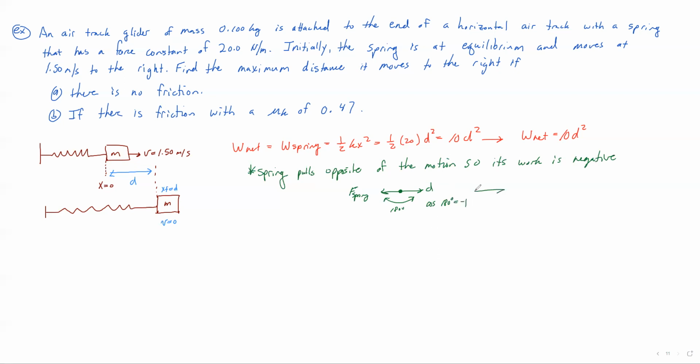So therefore, W of the spring has to be -10 d squared. Let me write this down here: W of the spring is -10 d squared.